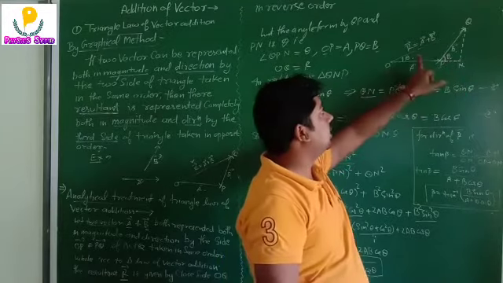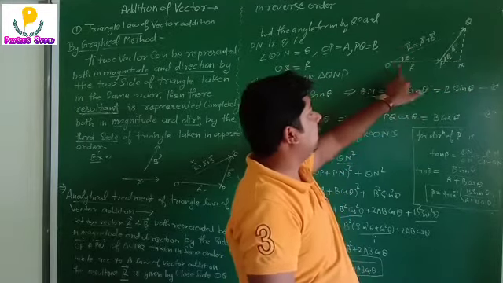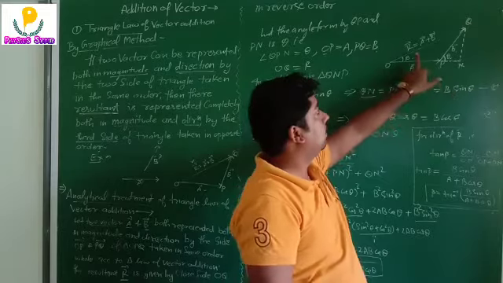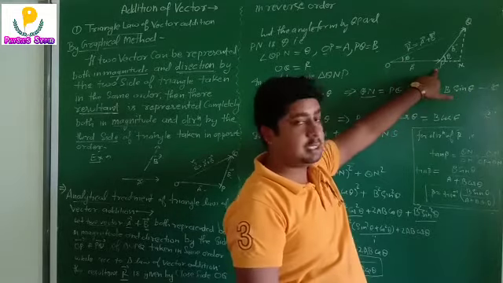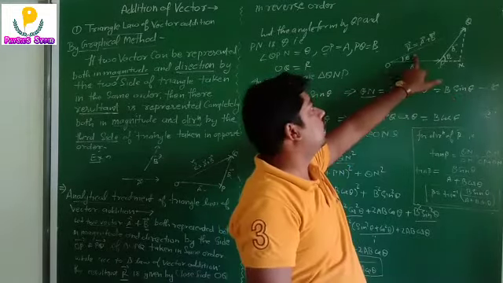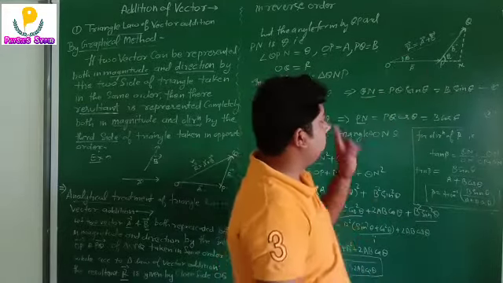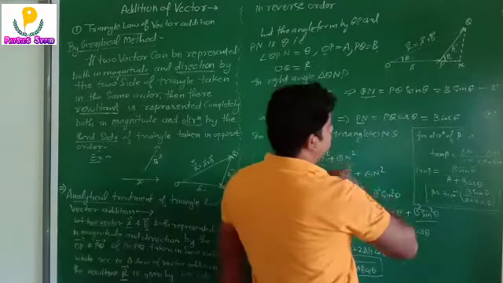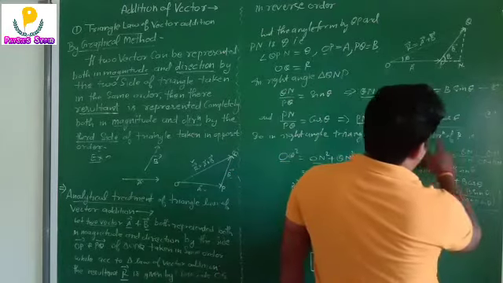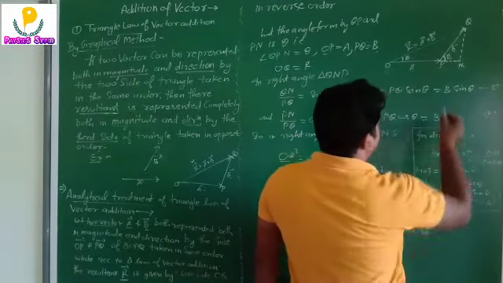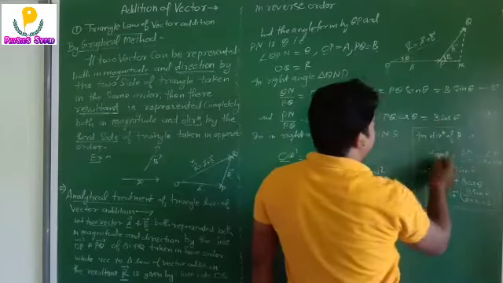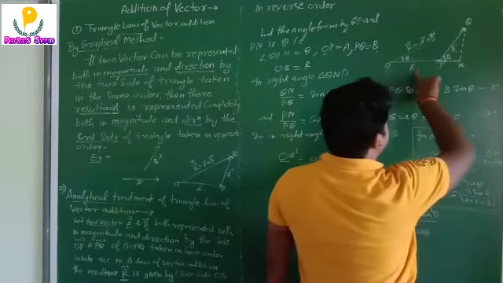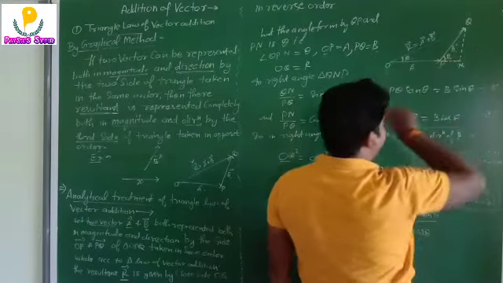For the direction, we have considered that this resultant makes an angle beta with the vector A. In that case, what is the value of beta? For the direction of the vector R, we have taken tan beta, which is perpendicular upon base.